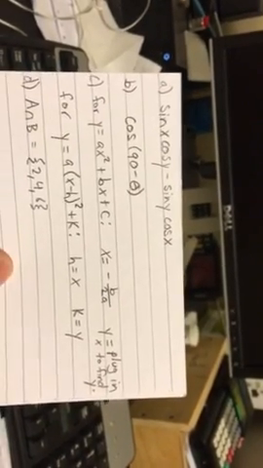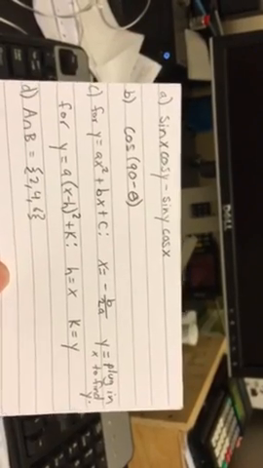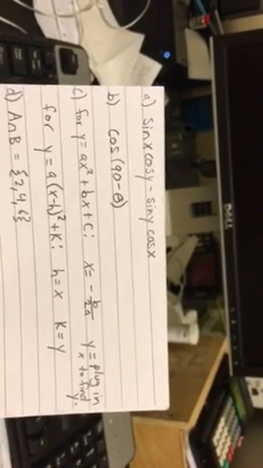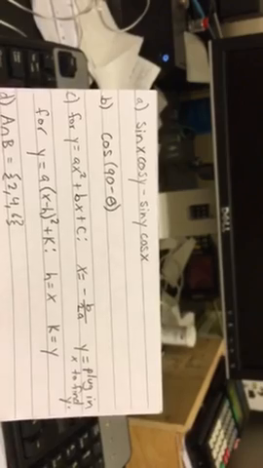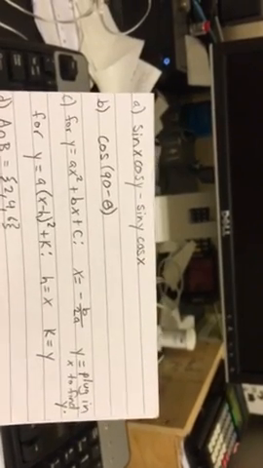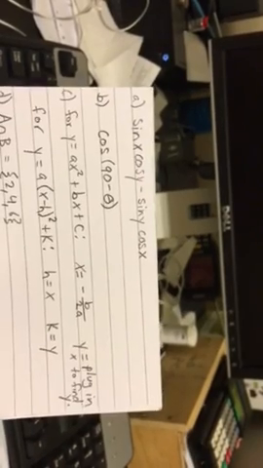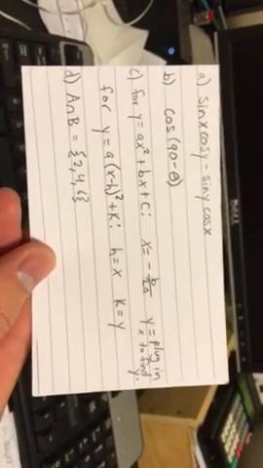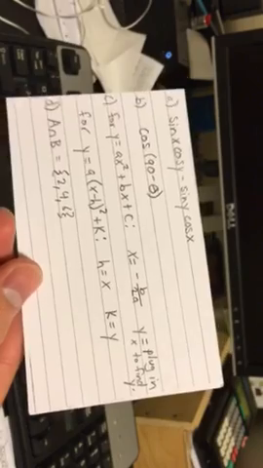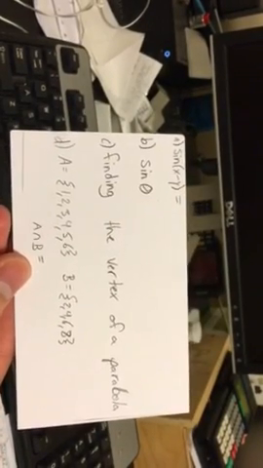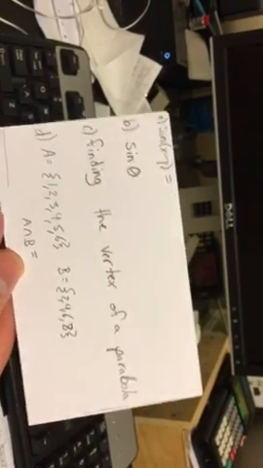Okay, for y equals a(x minus h) squared plus k, h is equal to x and k is equal to y. And then a and b, you just include all the values that they have in common for a and b. And that's what they did.